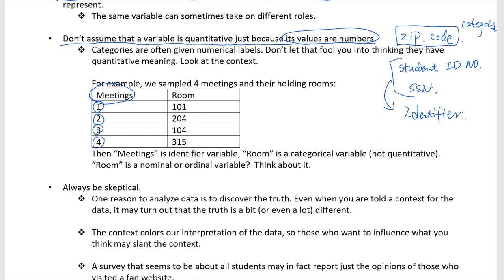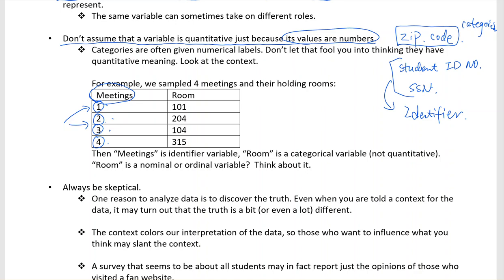If I have another meeting, does that meeting belong to any of them? No. So these 1, 2, 3, 4 are not categories. These are numbers assigned to each meeting, just to give a name to each meeting.